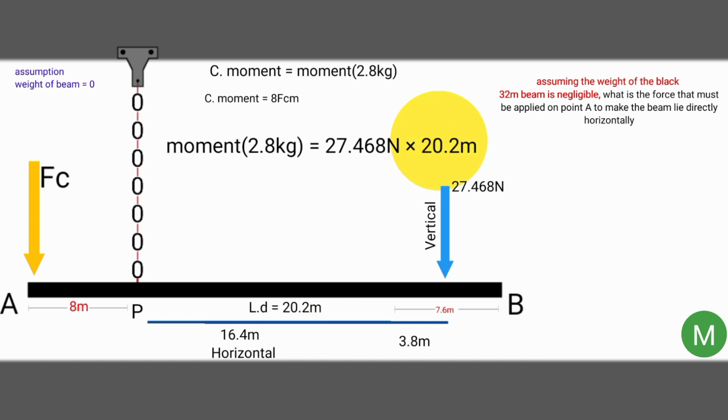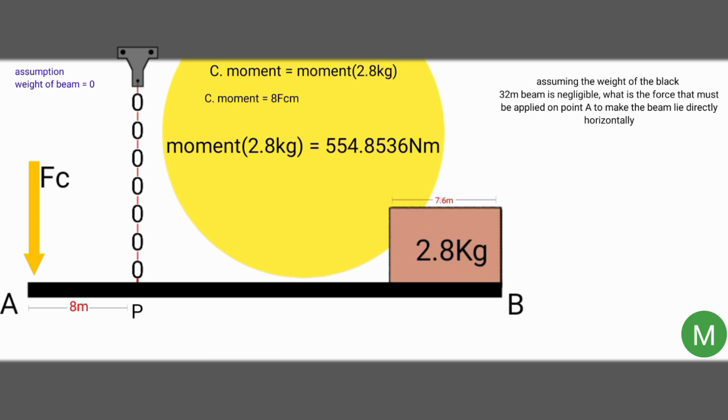Substituting here now, moment caused by 2.8 kg is 27.468 Newton times 20.2 meters, which is 554.8536 Newton meter. Now we have counter moment equal to 8 Fc meters and moment caused by 2.8 kilogram is 554.8536 Newton meter.